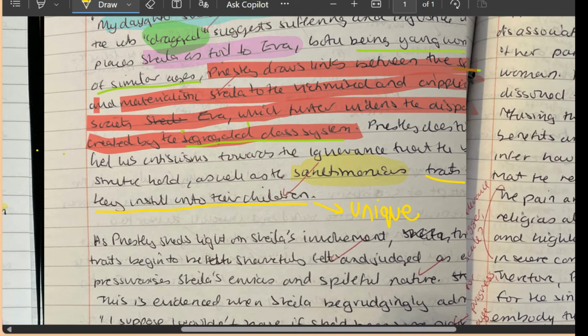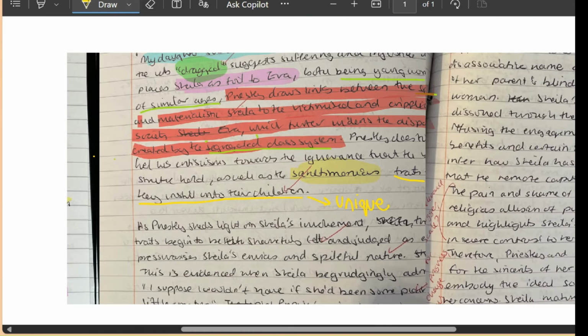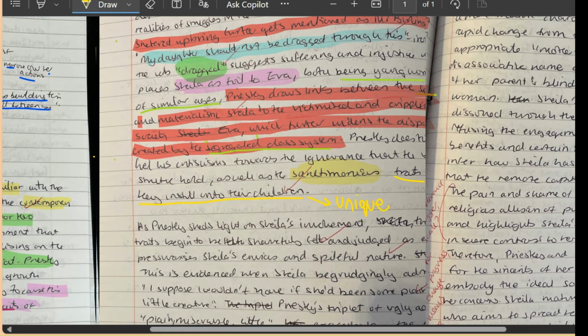So we're linking the initial point of this first paragraph, which is that Sheila is presented very childishly, to the final conclusive sentence that she's been treated childishly, and it shows the impact of the parents and how they are passing their ignorant traits on and forward. So that's that first paragraph. Let's now look at the second paragraph.